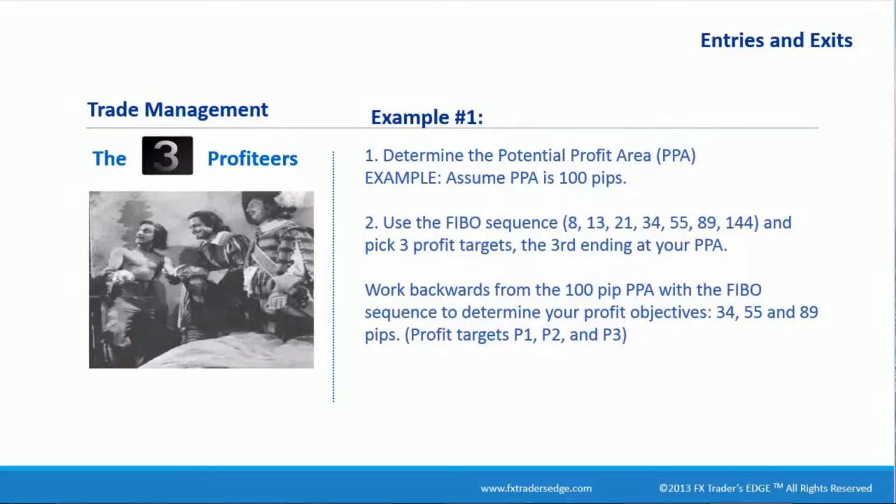So we work backwards from the 100 pip PPA with the Fibonacci sequence to determine our profit objectives, and we get 34, 55, and 89 pips for profit targets P1, P2, and P3. 89 is the Fibonacci sequence number closest to 100 pips. So we really work backwards from 89, and we go 89, 55, and 34. So that's the first thing that we do, to establish our 3 profit levels based on the PPA.